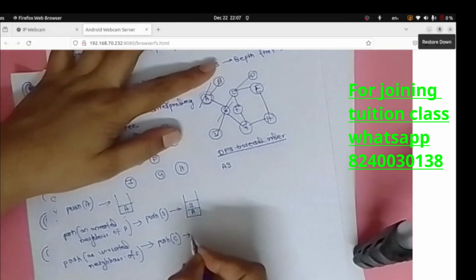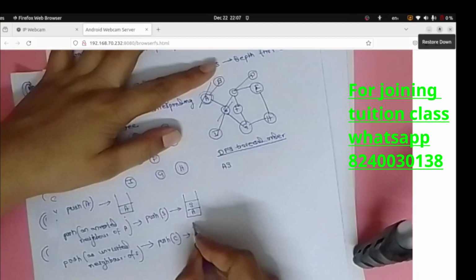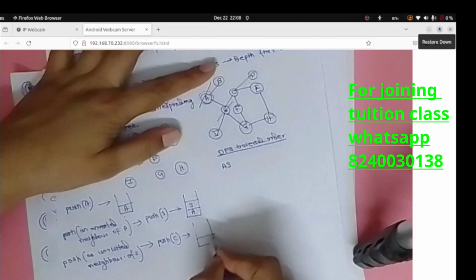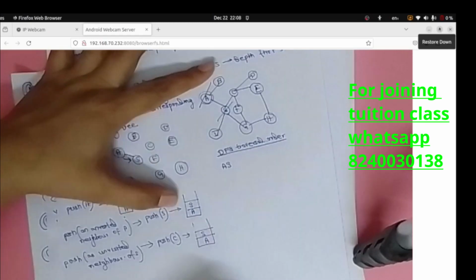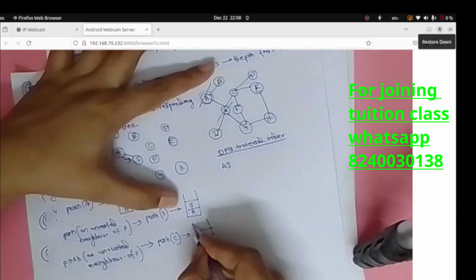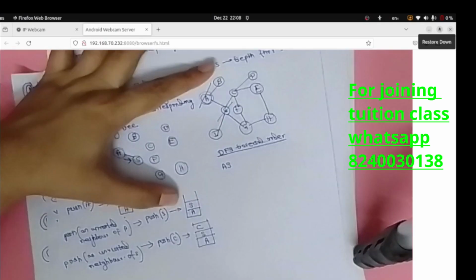So what will be the changes in the content of the stack? Previously it was A and S. Now C has been inserted as the topmost element into the stack.